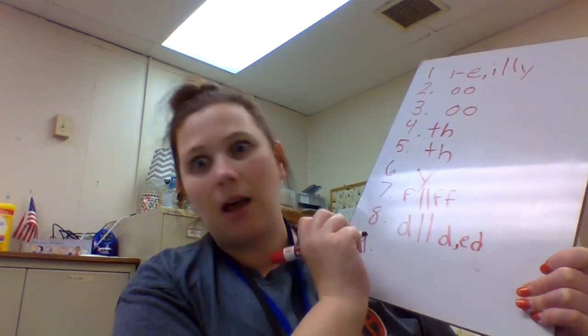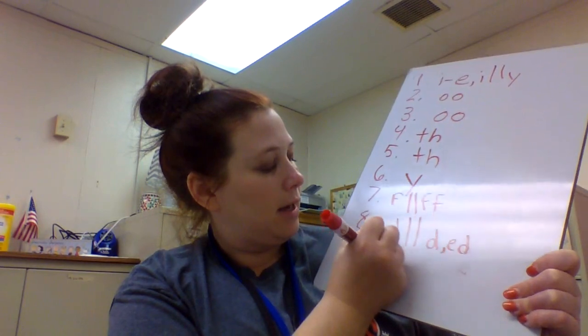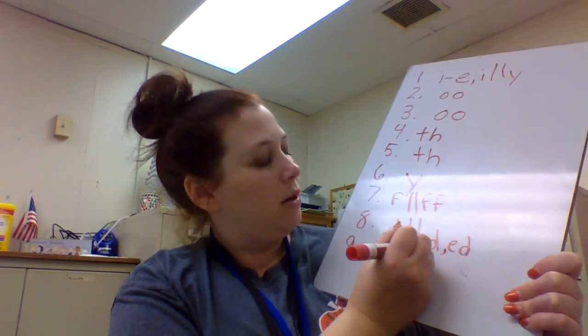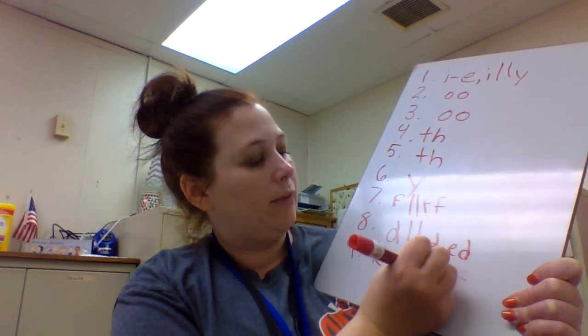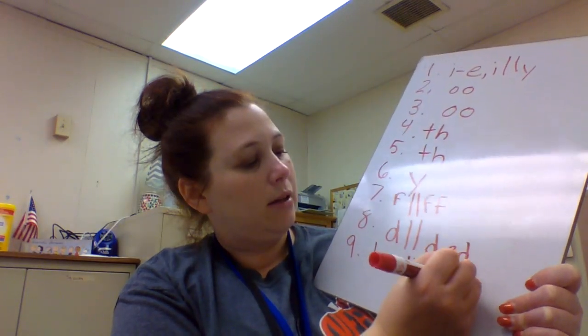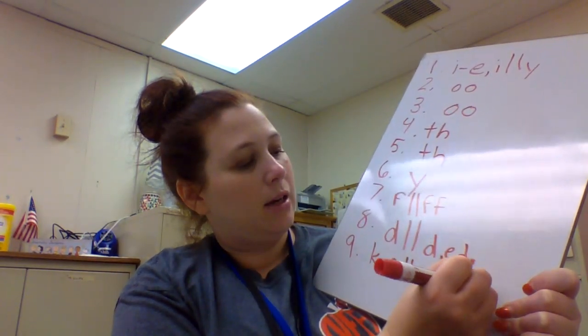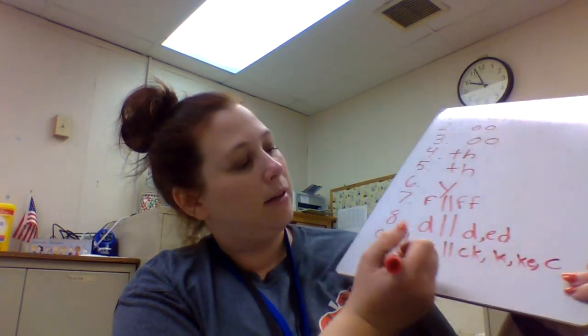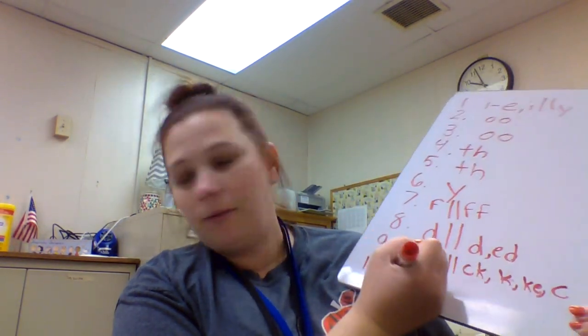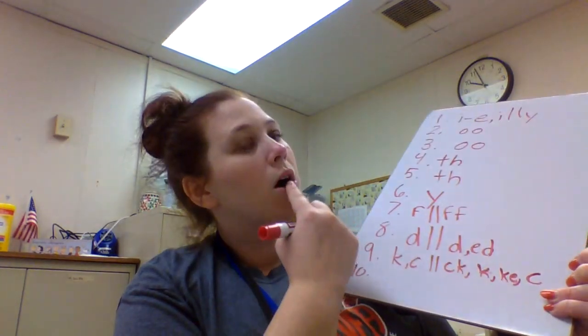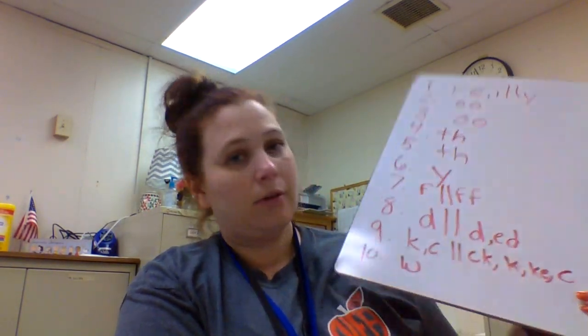Remember, k has a lot. It is K, comma, C, or as a final sound, we can have C, K, K, K, E, or C. And number 10, w. And that's just one letter, W.